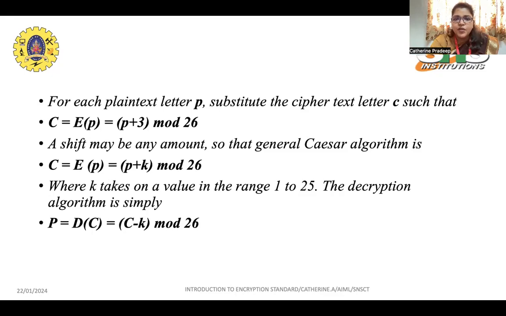In order to get the plain text, you put the ciphertext into a decryption algorithm. What is that decryption algorithm? C minus K, where C is the ciphertext and K is the key, meaning you take three shifts in the reverse order, mod 26.